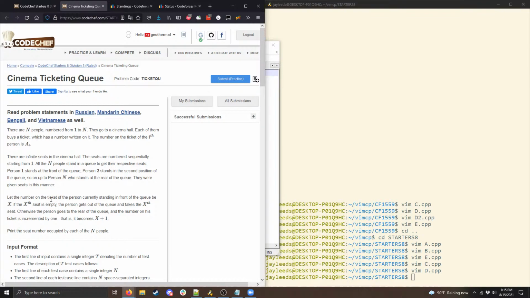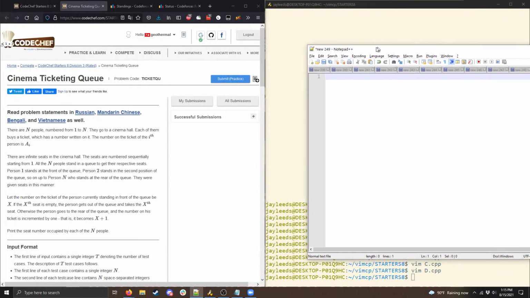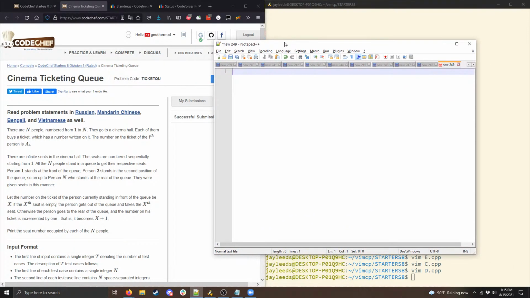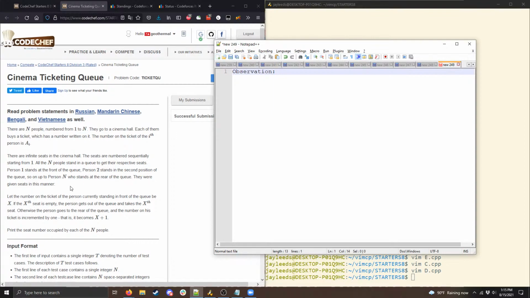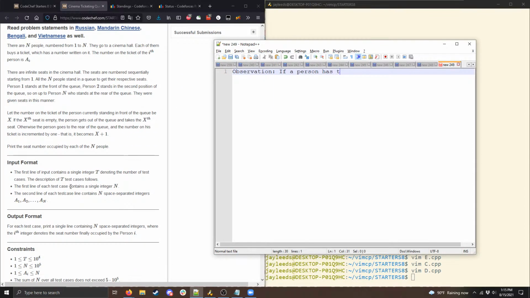Okay. So here's a pretty simple observation. Observe that if a person has a ticket number a sub i, then they'll never take a seat numbered less than a sub i. So they'll only take a seat greater than or equal to a sub i.